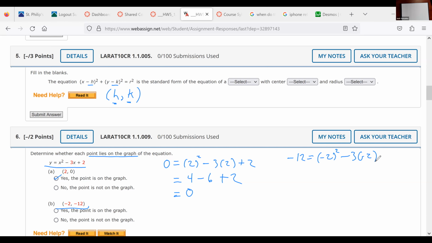Plug it in. If we get the same thing on both sides, great. This is 4 minus 6 plus 2.